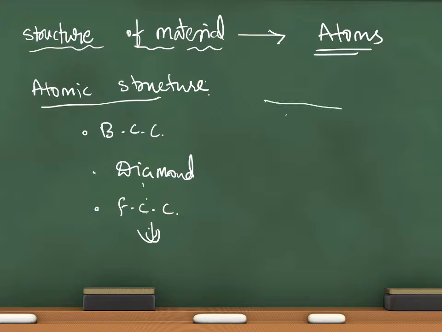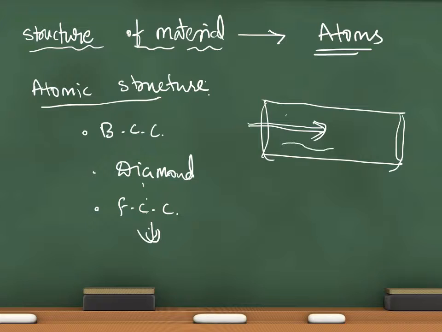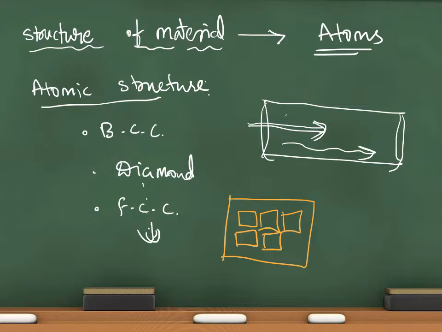Suppose you have an electrical conductor, and a free charge is going to flow in this material. It may collide with the structure. We will see that in detail. Suppose the atomic structure is like this, there may be some difficulty in going through.